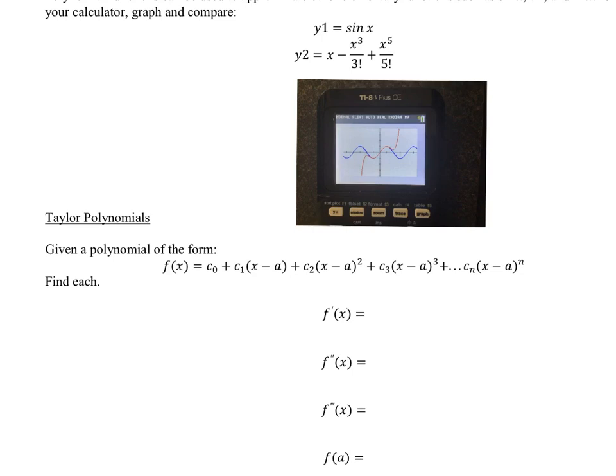So if I wanted a third degree equation, what I would be assuming is that c sub 0, 1, and 2 are all equal to 0, and then c sub 4, 5, 6, 7, 8, all the way up to n are also equal to 0, and this would collapse down to just c sub 3, x minus a to the third. By the way, another spoiler, I'm in a spoilery kind of mood.